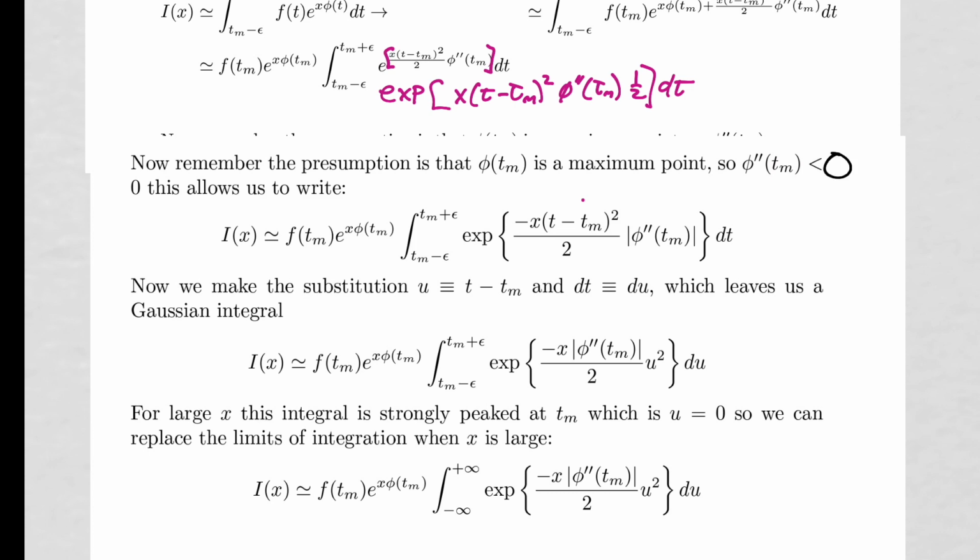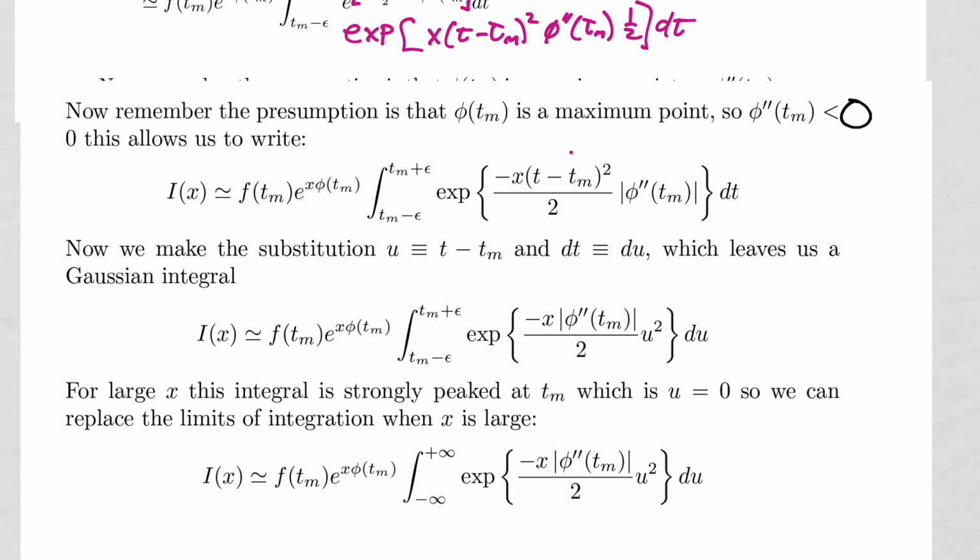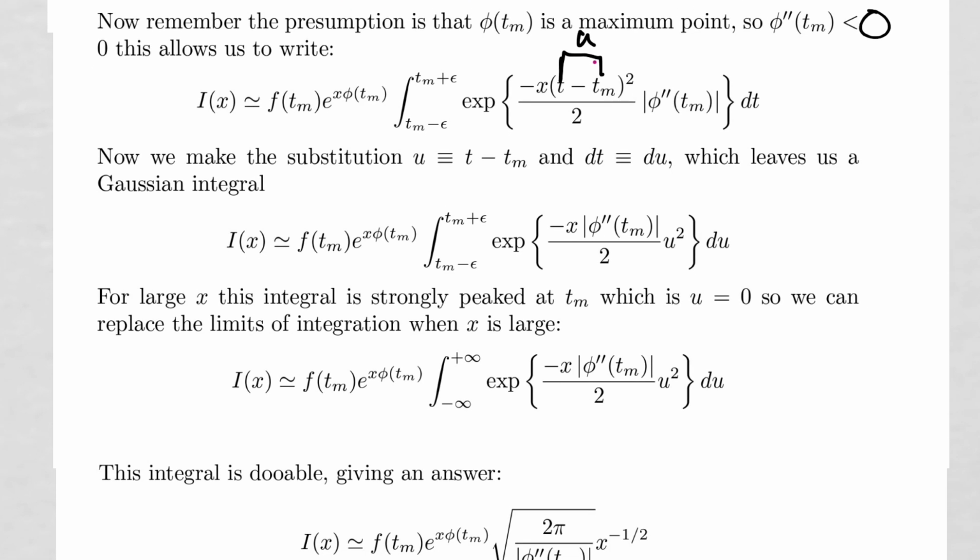So I can replace that second derivative with its absolute value and then throw in a negative sign, right? So that's totally fair. And when I do that, I can make a variable substitution where I call t minus tm, u, and then I can change the integral to this form right here, which is literally a Gaussian now.